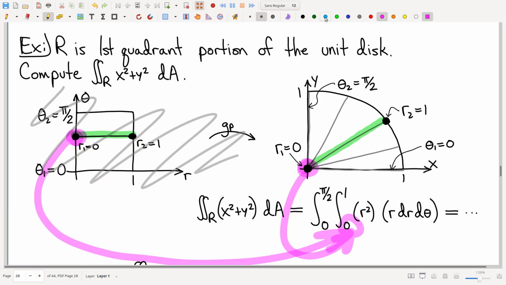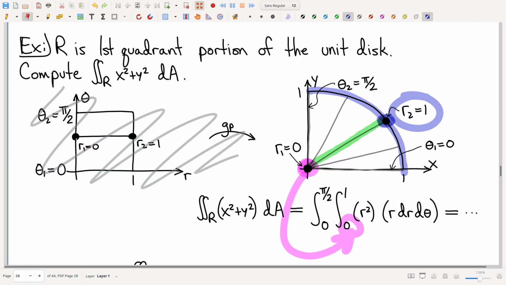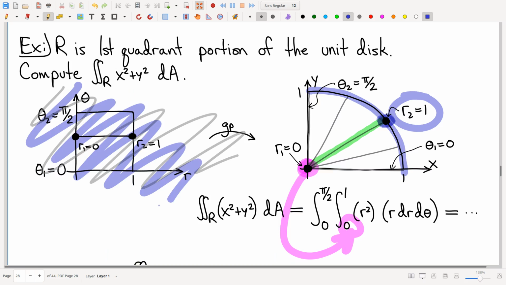Similarly, this point here is on r equals 1. Well, yeah, right, and likewise, this point is on r equals 1. And you can see it just as well, in fact, arguably more conveniently, in your existing picture. So we don't need to draw the pullback domain at all.